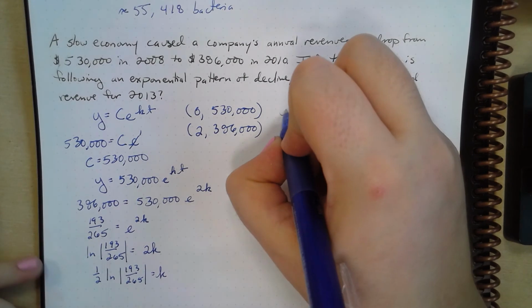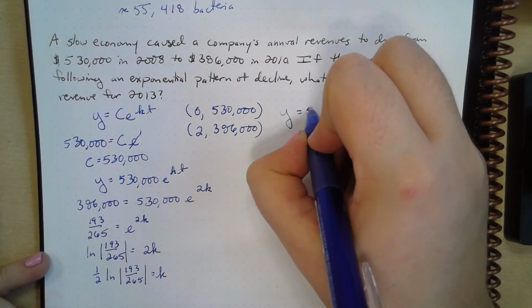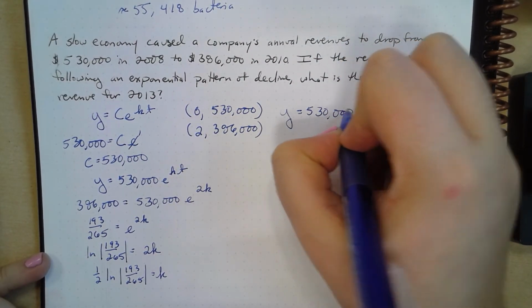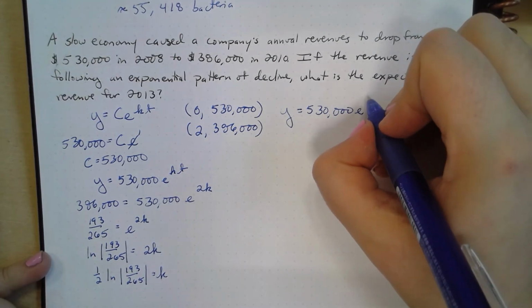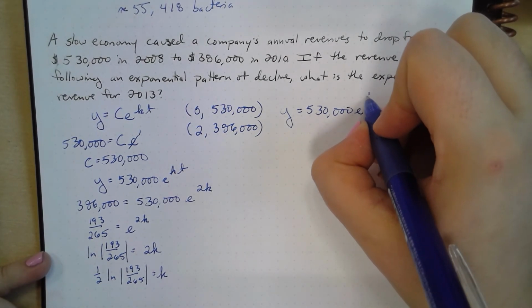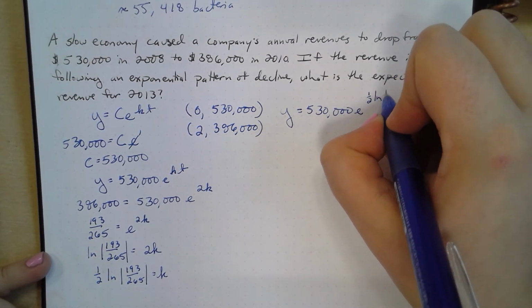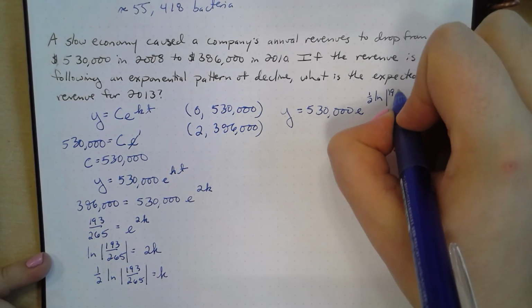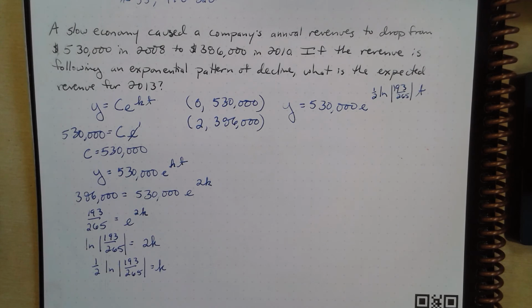So our real final model is y equals 530,000 e to the 1/2 ln of 193 over 265 t. Quite a mess. If it's expected to follow a decline, what is it in 2013?